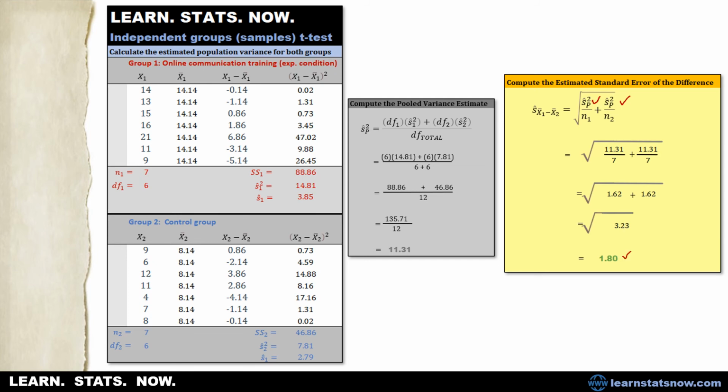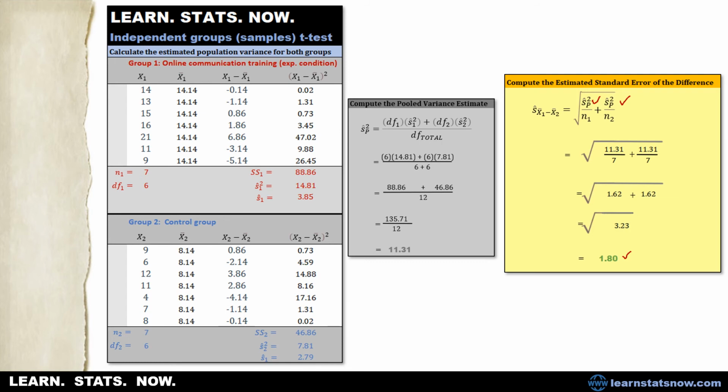So what does that 1.80 mean? Well, again, this goes into the denominator of the t-ratio when we calculate it, and it's the average amount that we expect the sample means to vary from one another. The average amount that we expect the sample means to vary from one another, and we use it as an estimate for the population.